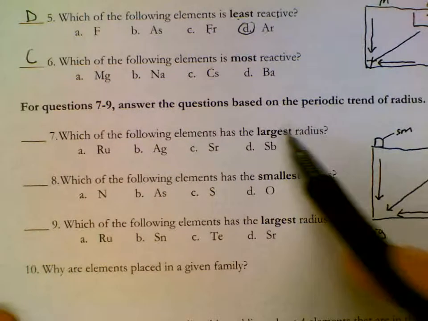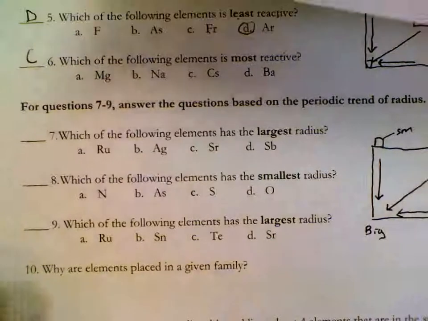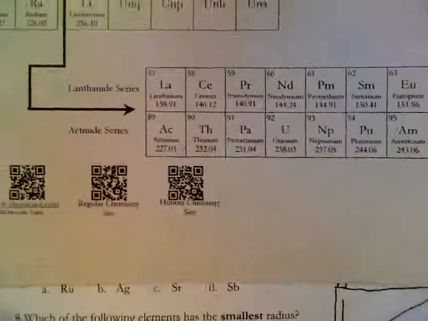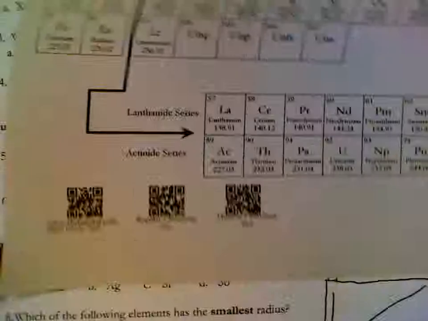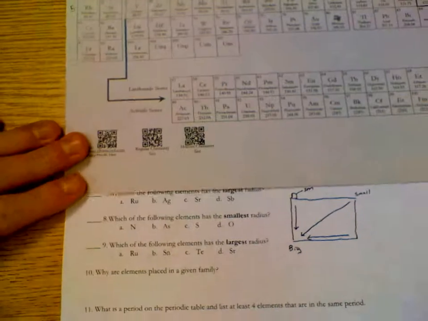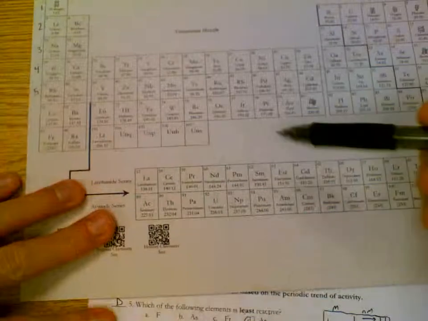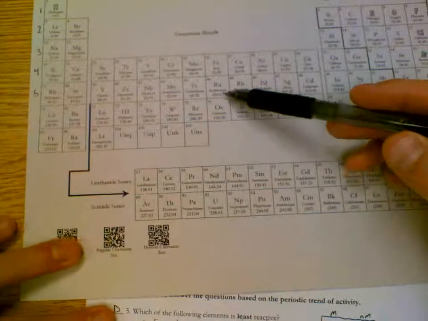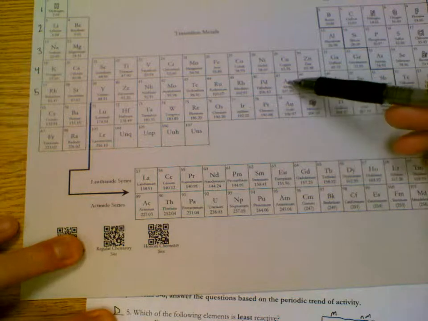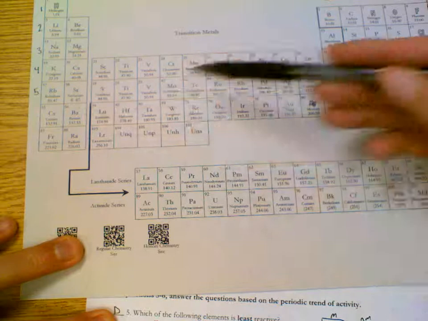Since we're looking at largest, we want to see which of those is closest to francium. Let's follow them all. Let's zoom out a little bit here. So right here, we have silver, we have strontium, and we have antimony.